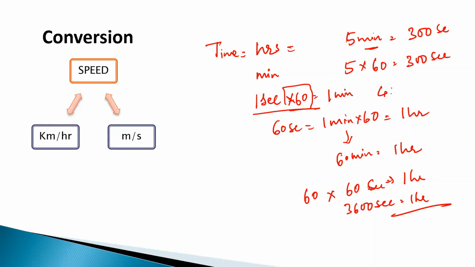If I have 480 seconds, I want to convert into minutes. So I know 60 seconds make one minute. So how many minutes does it have? How many 60s do you have here? So you have 8 60s, so that becomes 8 minutes.